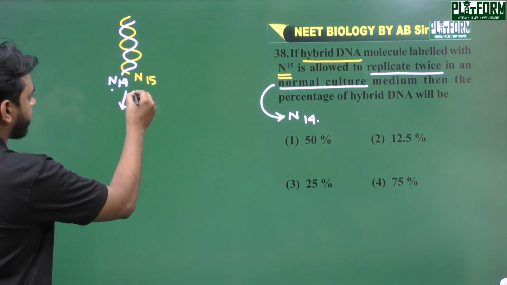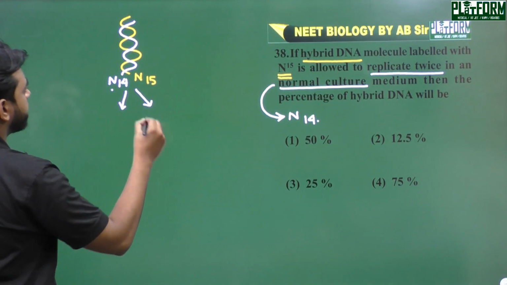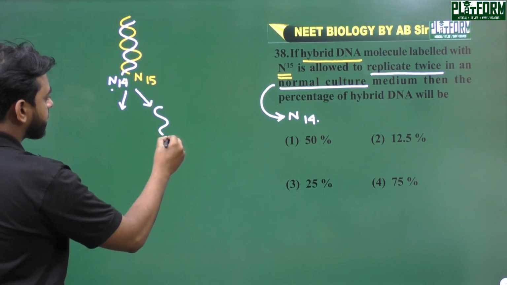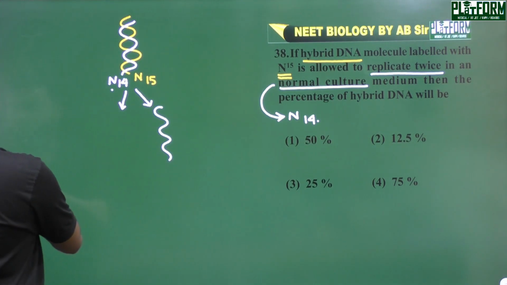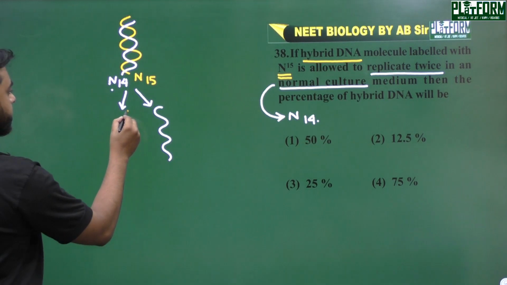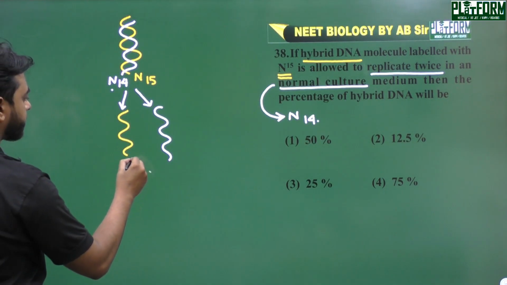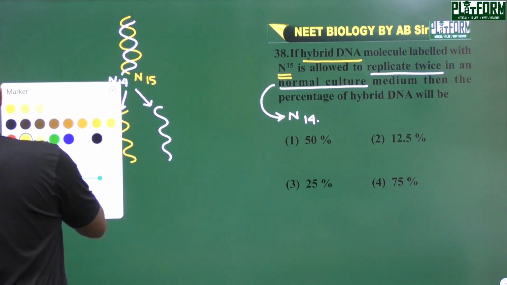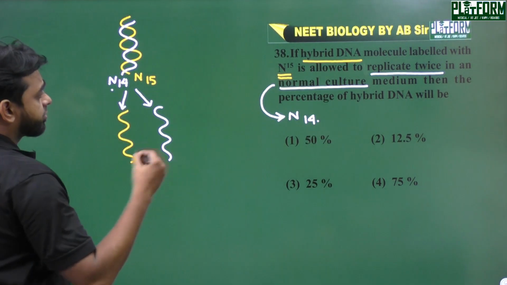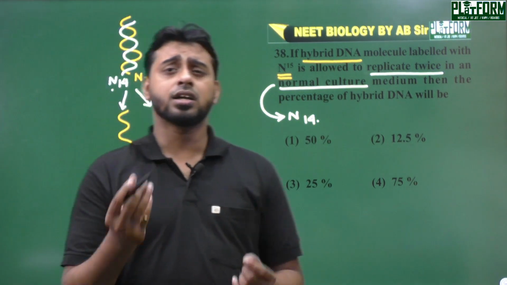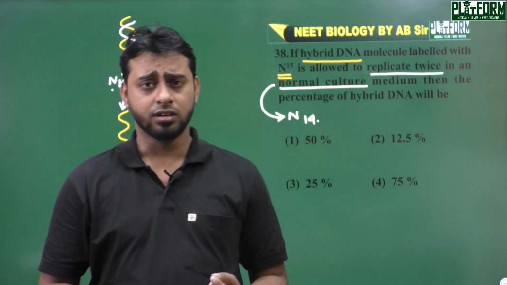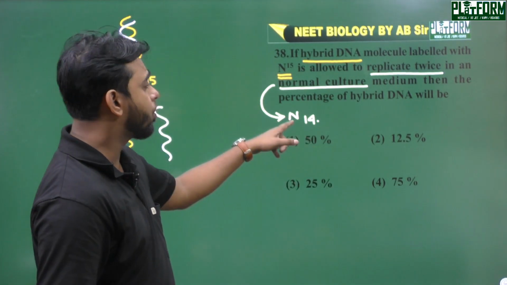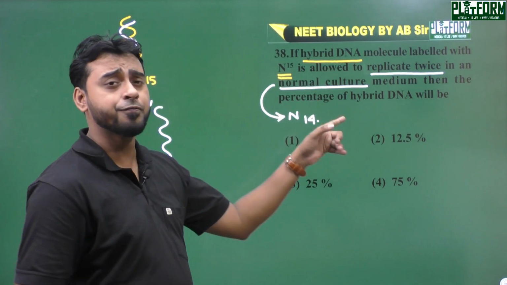At the time of replication, first the parental strands get separated. These are the parental strands. Now the new strands get synthesized, and at the time of synthesis they take up the normal nitrogen, that means N14.